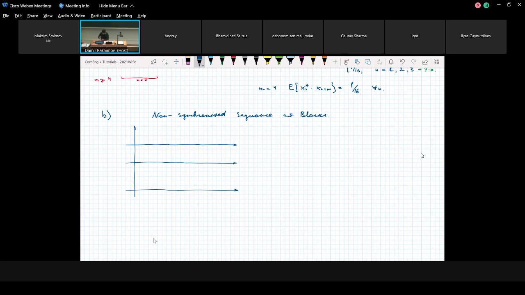Again, I show an arbitrary sequence of blocks. Let's say the first sequence will be caught at the beginning. The upper index is the index for the realization. B1, B2, B3. Then for the second one, we started somewhere in the middle.